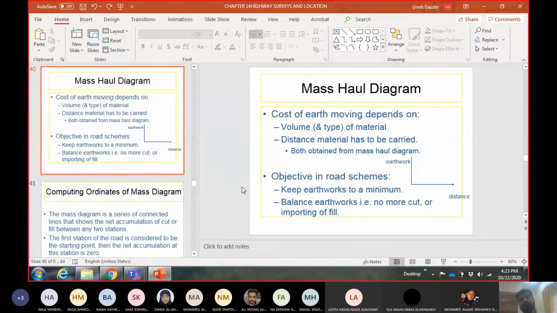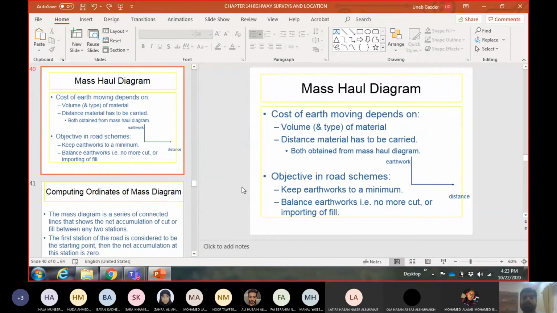You take material from one side of the road and put it on the other side of the road. This is complete balance. Obviously, in 99.9% of the cases, complete balance is a theoretical phenomenon. You cannot attain complete balance in practical construction projects.